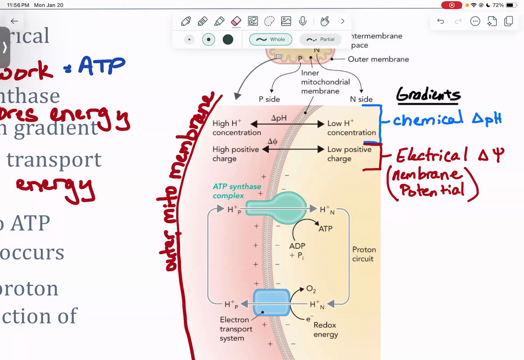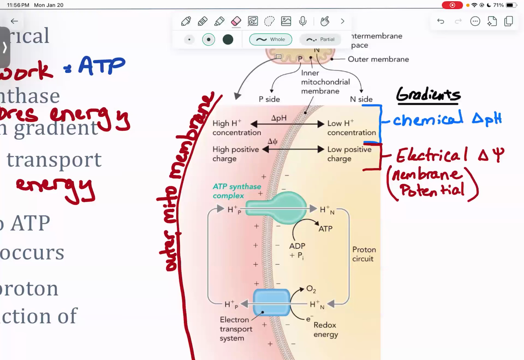Well, what you have to think about with this is that because these are protons, you're going to have a difference in both the chemical gradient, which is the difference in pH, and the electrical gradient. We call that a membrane potential.